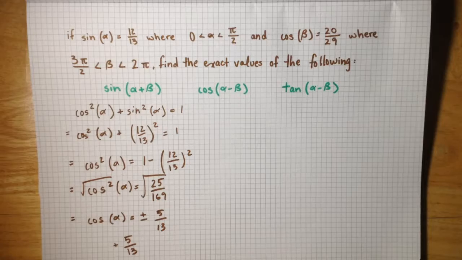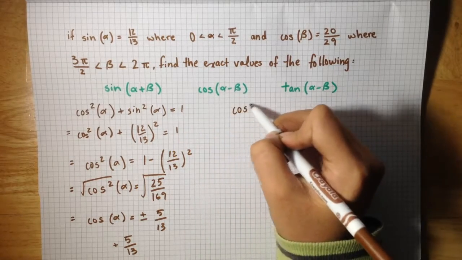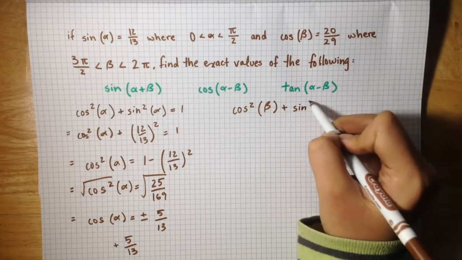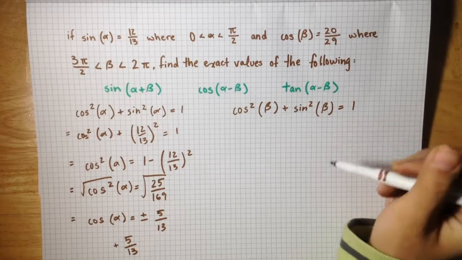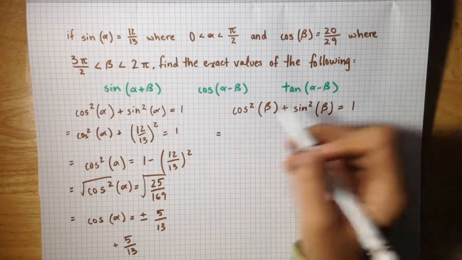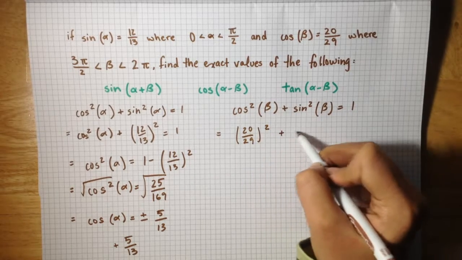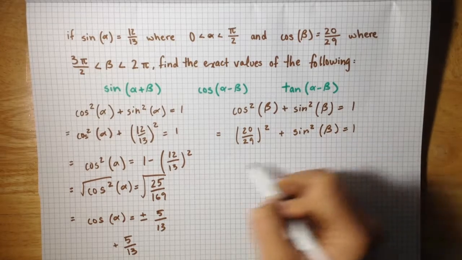Moving on to beta, I'm going to use the same equation over here. Cosine squared of beta plus sine squared beta equals 1. We already know this. 20 over 29 squared plus sine squared beta equals 1.